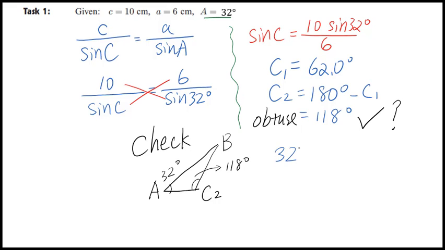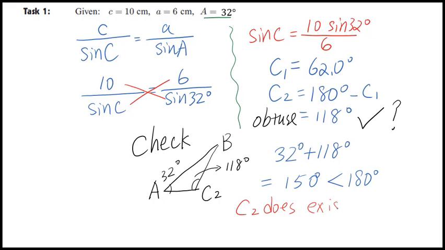So we add 32 degrees plus 118 degrees equals 150 degrees. This is less than 180 degrees, which means C2 does exist. In other words, there are two triangles.